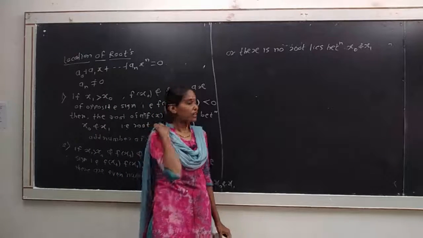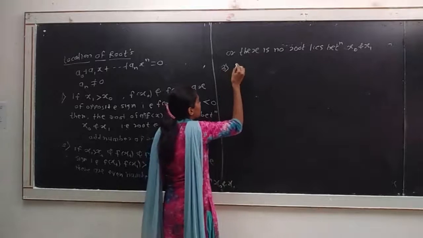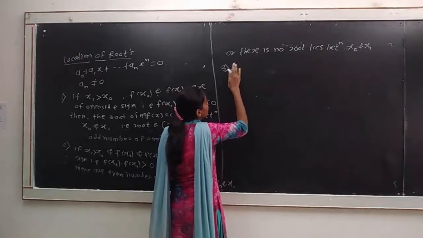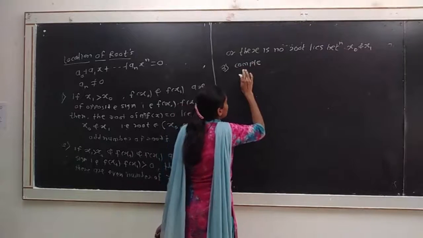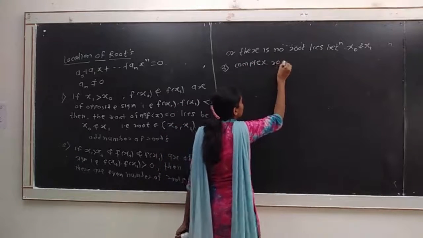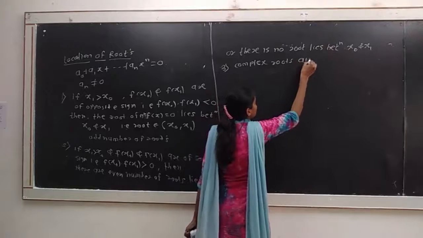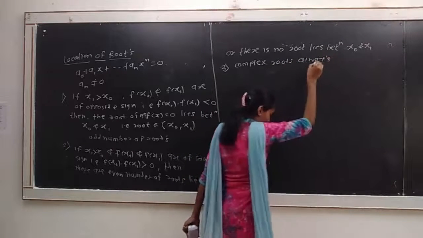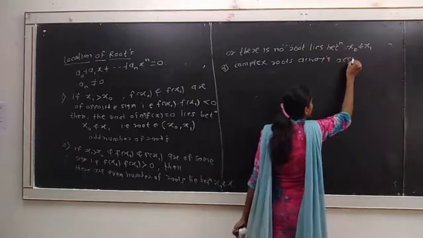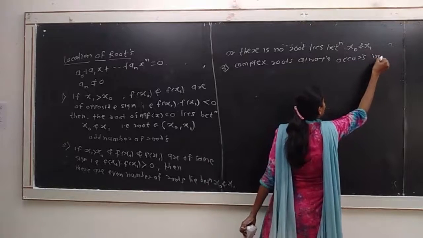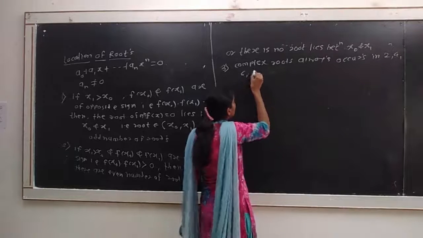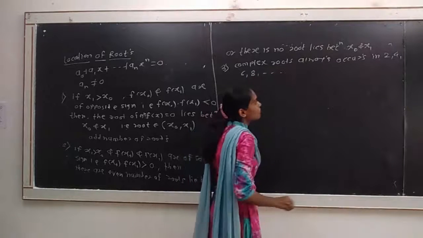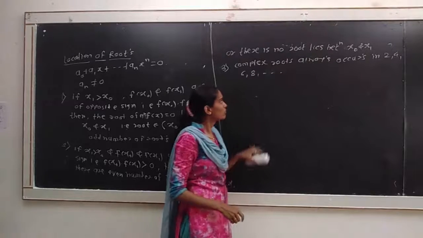Okay. Then the third rule: we know that complex roots always occur in pairs, that is, in 2, 4, 6, 8 and so on, an even number of forms.